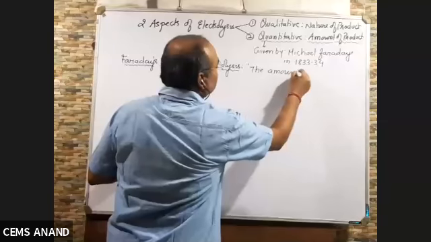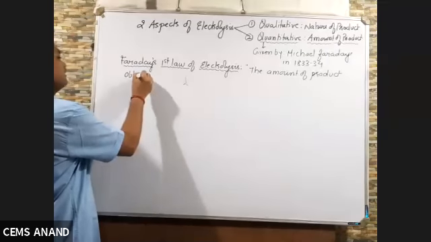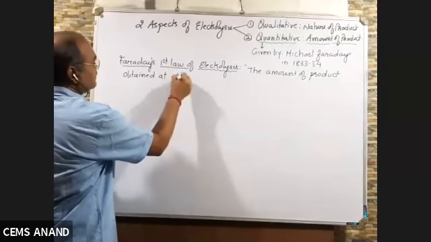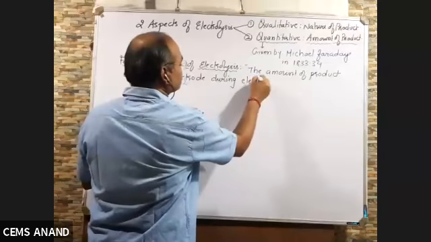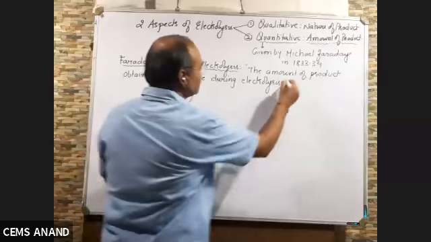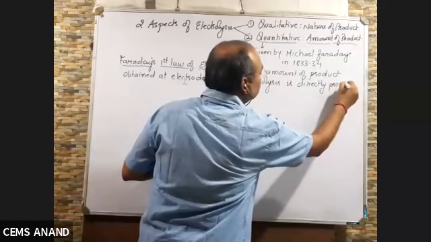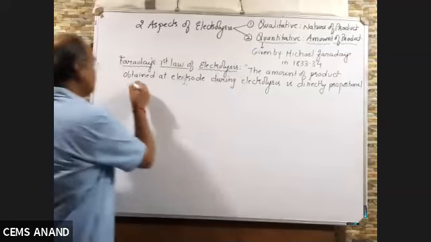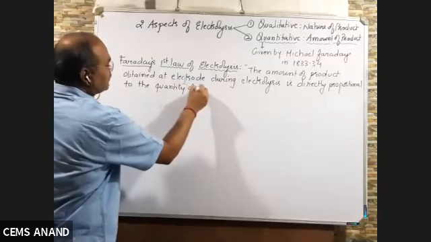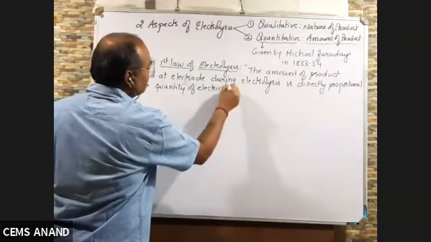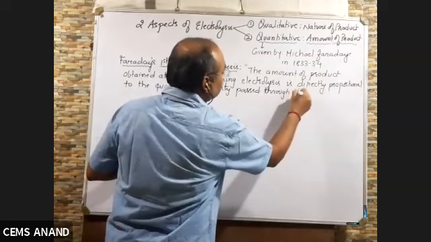The amount of product obtained at the electrode during electrolysis is directly proportional to the quantity of electricity passed through the electrolytic cell.